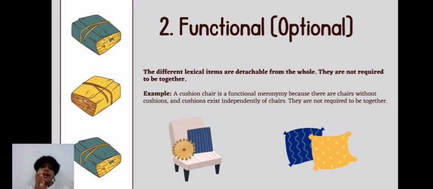So many times it's not necessary to read the whole, or the holonym, to know that we are talking about it. We just need to read the meronyms to know that we are talking about a specific whole. And that's all about this topic.